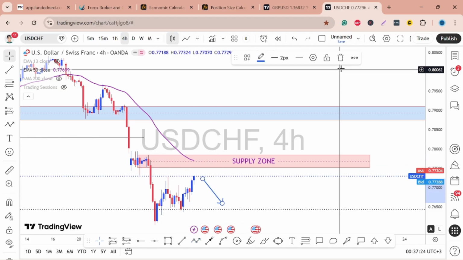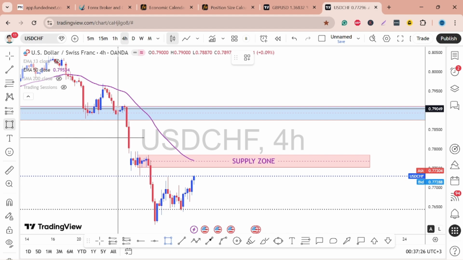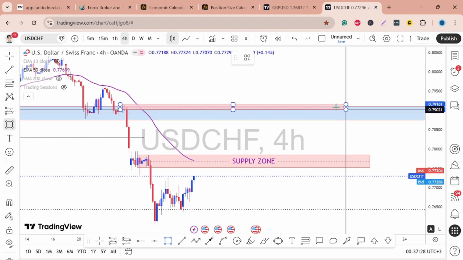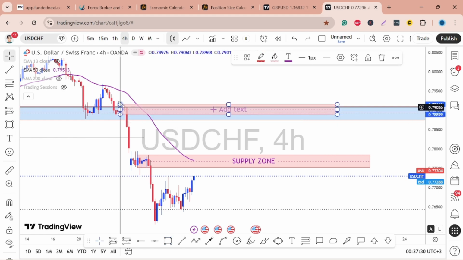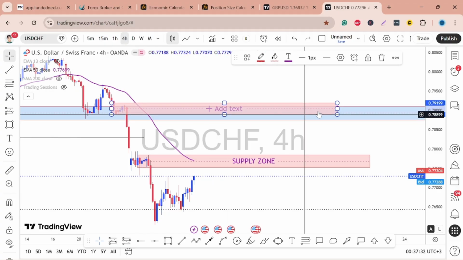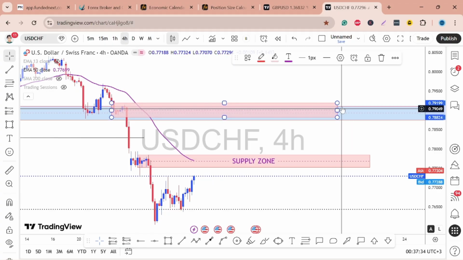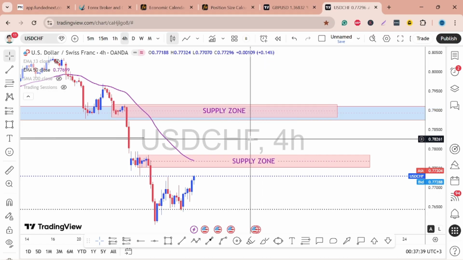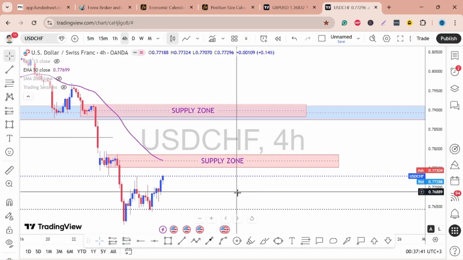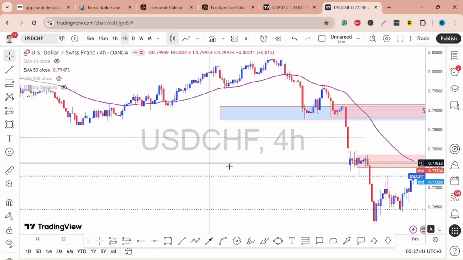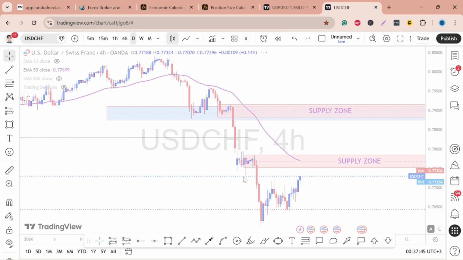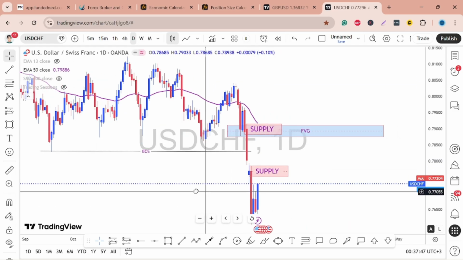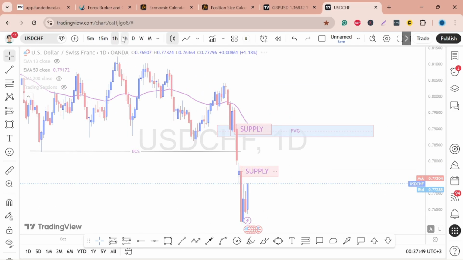So if at all that level doesn't hold, then we also have this level over here. This is another valid supply zone over here. So that would also be a good point to look for shorts on USD CHF.